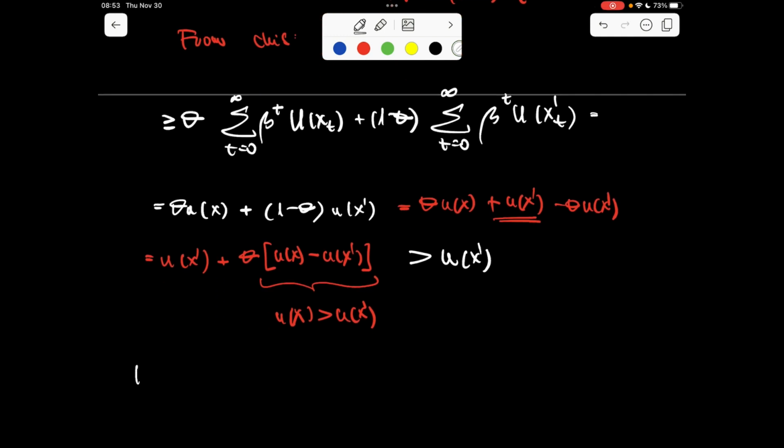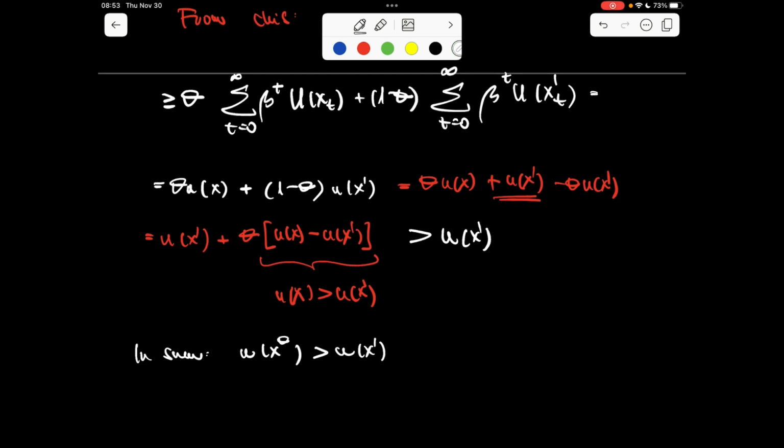So in sum, the utility of the convex combination of the consumption paths is preferred to the less preferred consumption path. So assumption 15.2 holds. We are good.